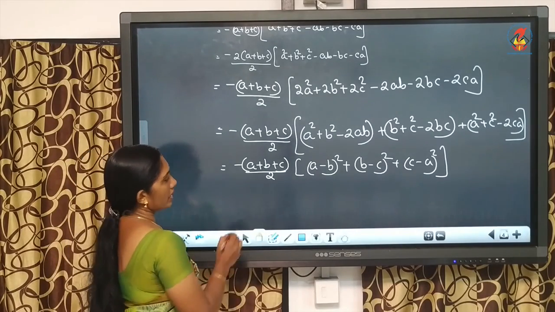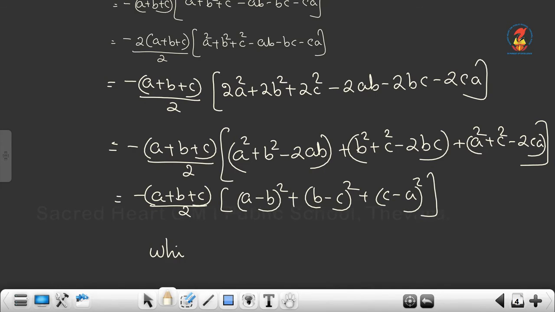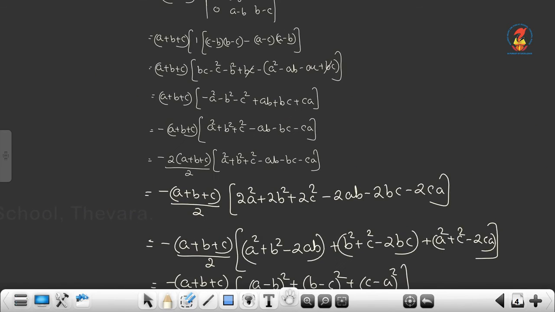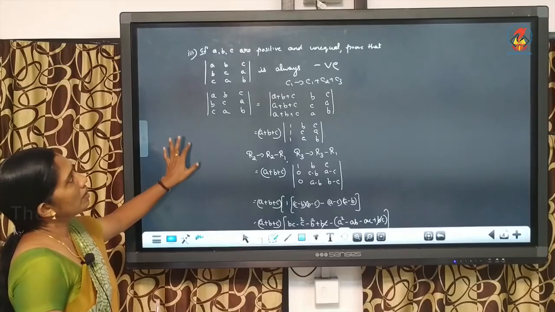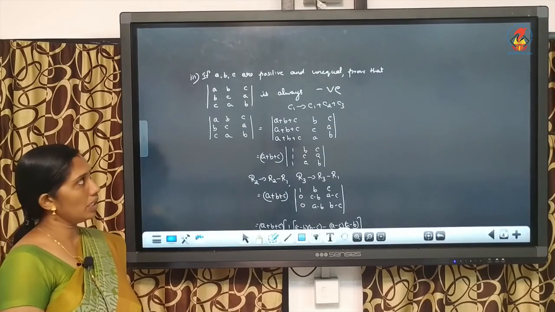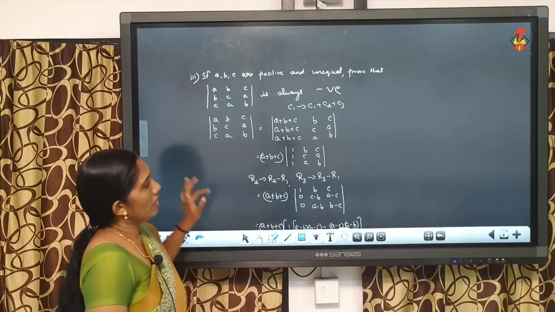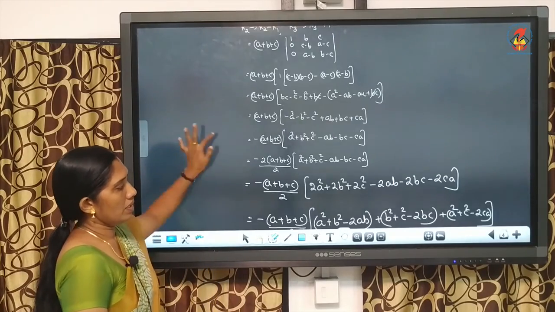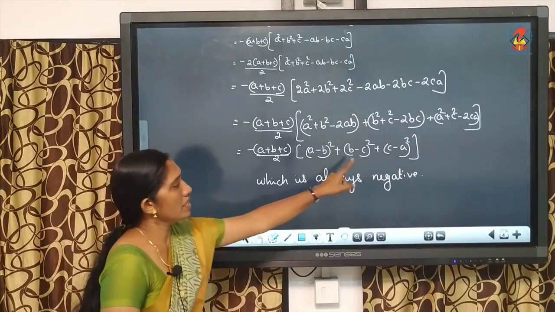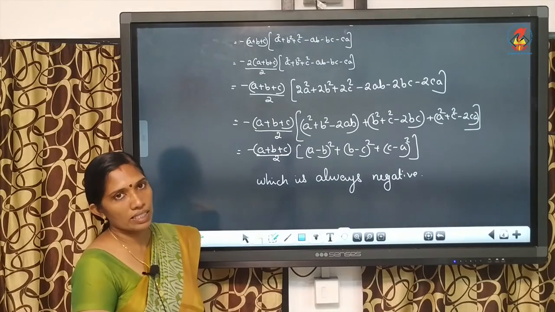So this quantity is always negative. So that is the question. a, b, c are positive and unequal. Prove that this determinant is always negative. So we proved everything. This is always a negative quantity.